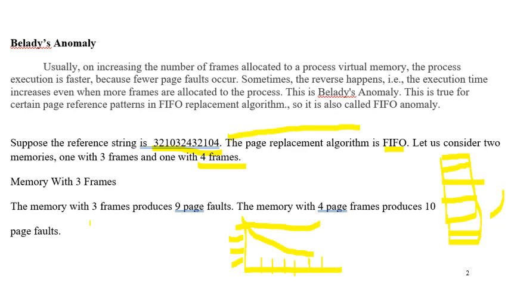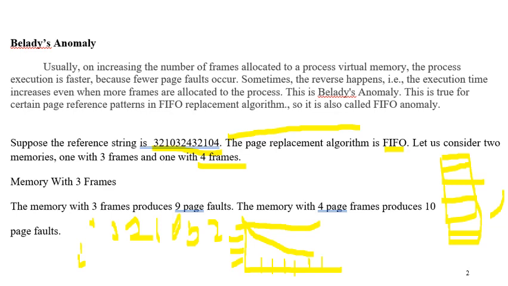First you need to include all the reference strings, that is page faults here, like 3, 2, 1, 0, 3, 2 and so on, and frames like 1, 2, 3, 4 will be there.